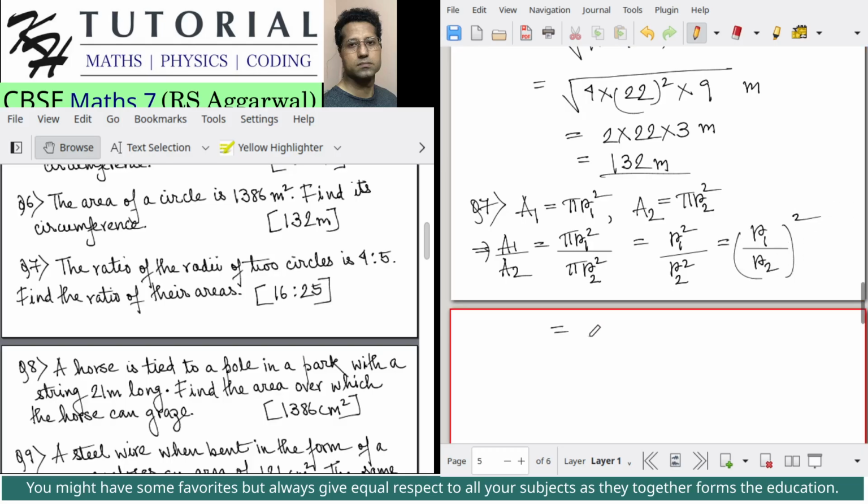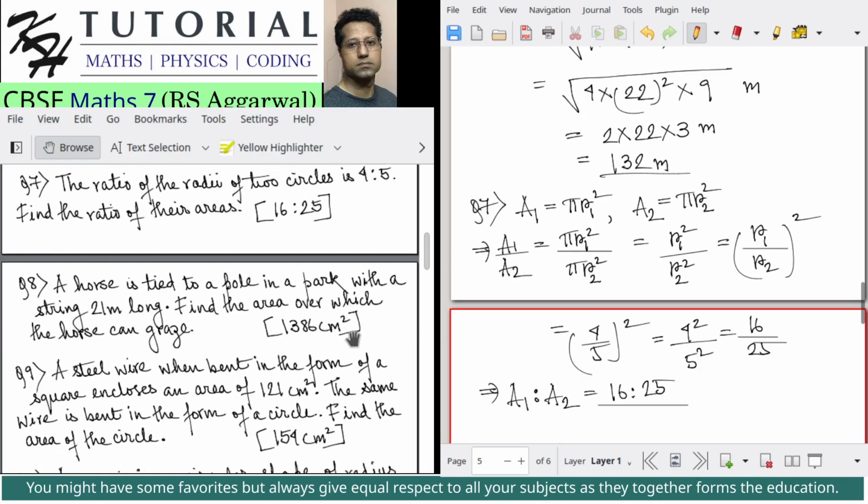Now R1 by R2 is given in the problem as 4 by 5. So this is 4 by 5 square, which is 4 square by 5 square, which is 16 by 25. So the ratio of the areas of the two circles, A1 is to A2, will be equal to 16 is to 25.